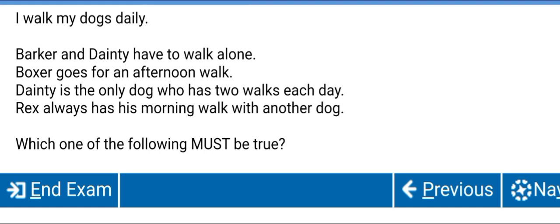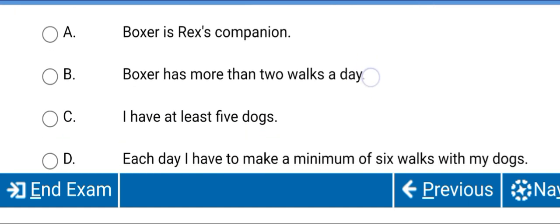So which one of the following must be true? Option A, Boxer is Rex's companion. Option B, Boxer has more than 2 walks a day. Option C, I have at least 5 dogs.